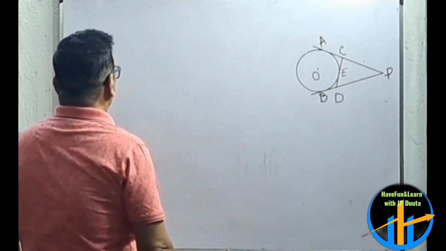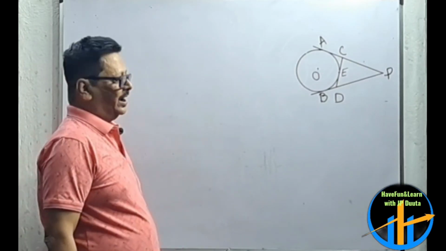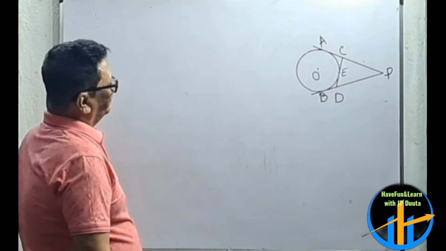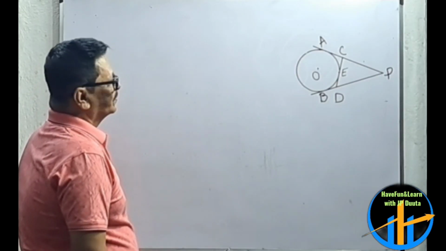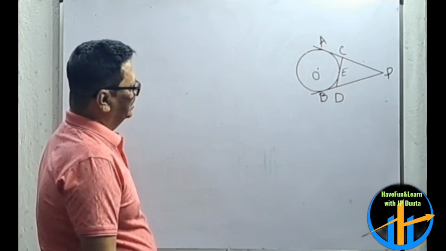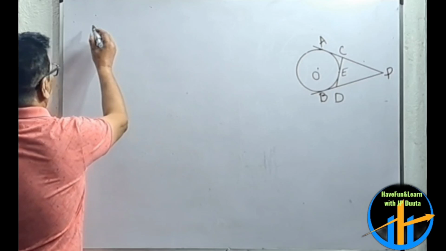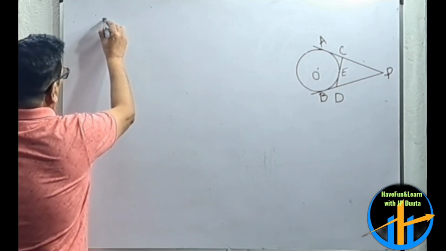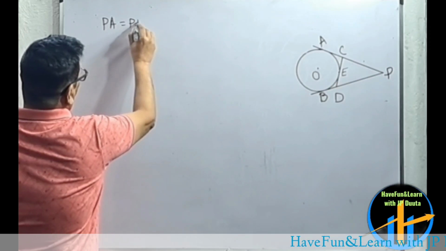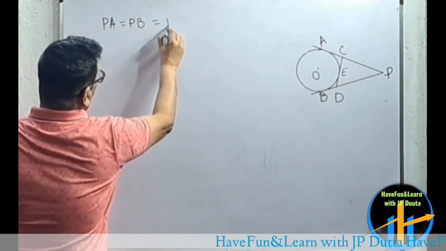So let us start. Now see, we know that PA is equal to PB. That means tangents drawn from an external point to a circle are equal. So we can write PA is equal to PB, and that is given to be 10 centimeters.